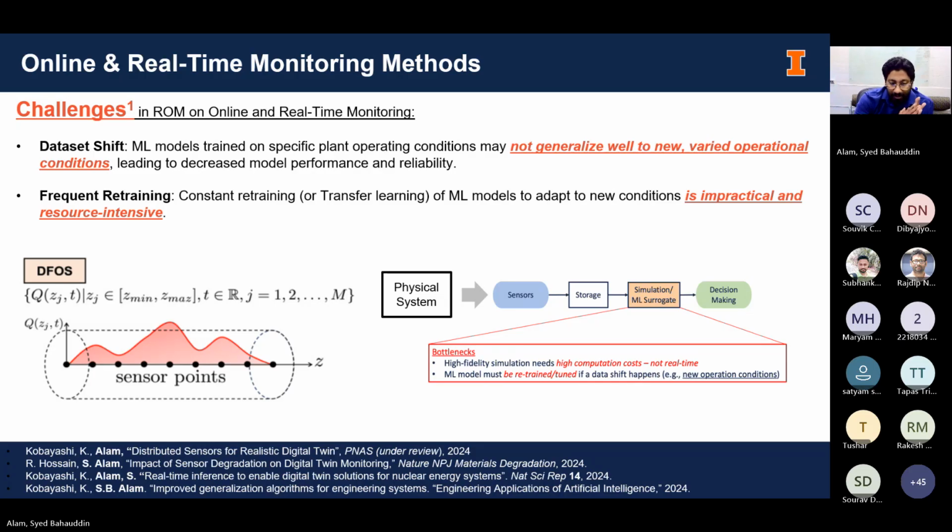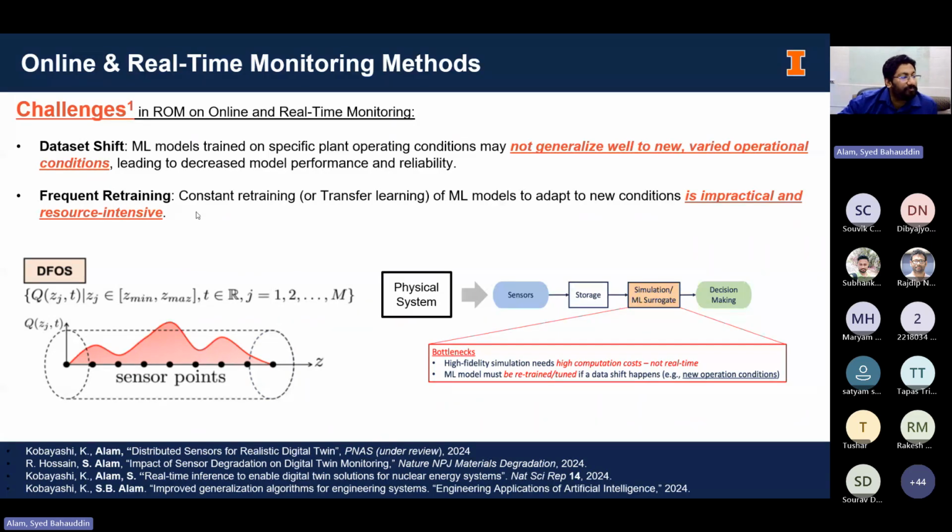Because we can train the model at, for example, 900 Kelvin for all the operational parameters, but it can be 1000 Kelvin or 800 Kelvin, right? If it cannot capture this shift, I don't think that will make AI really practical.